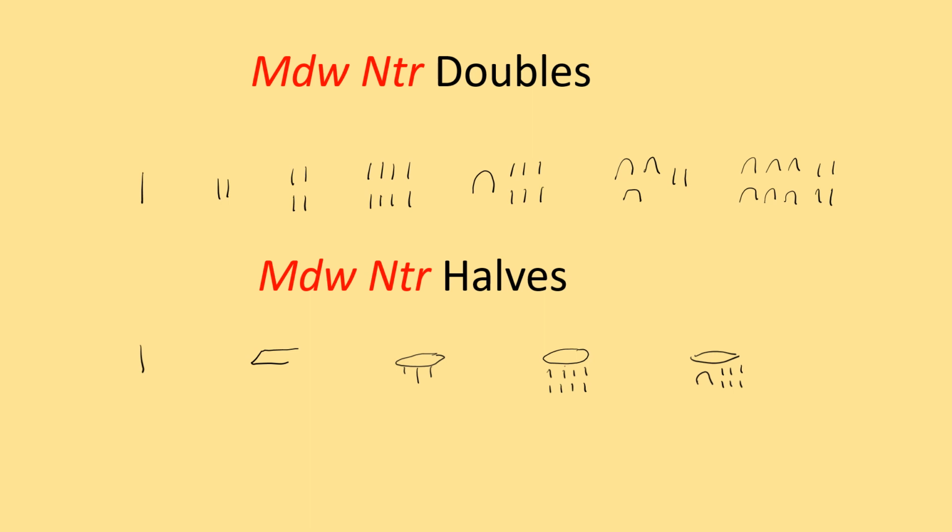And we could use those concepts to find any product or any quotient of any two numbers. In my next lesson, I want to focus on finding the quotient of numbers and how we could do that using, again, the Middle Netcher symbols, and also connect that with the Hindu-Arabic numbers that we use.